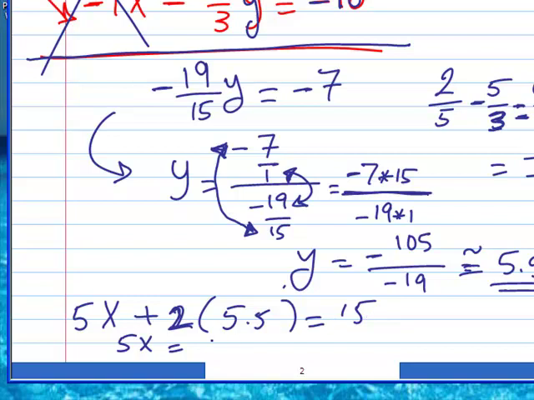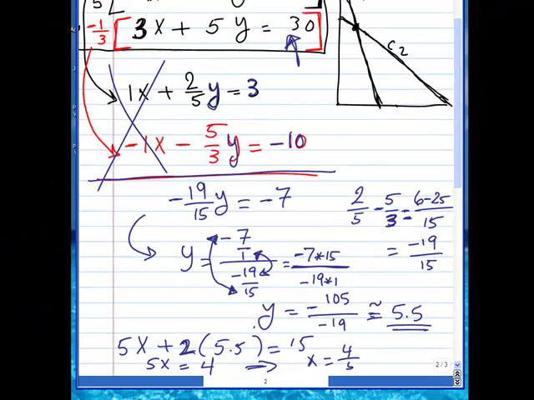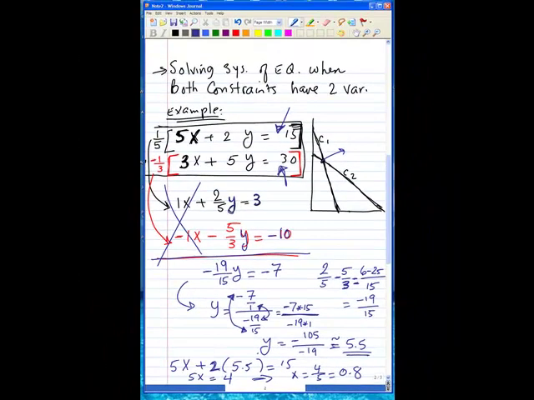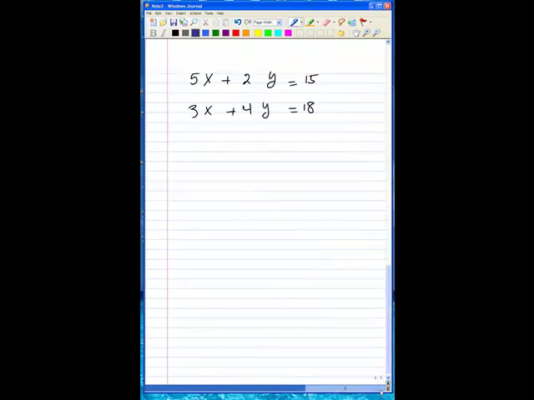So 15 minus 11, we get 4. Therefore, x becomes 4/5, which is 0.8. So at this point, we have solved for x equal to 0.8 and y equal to 5.5.